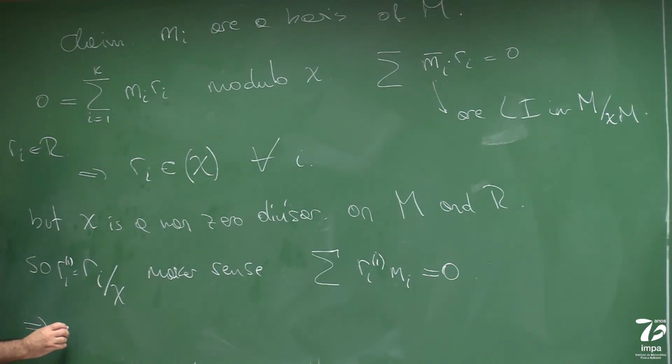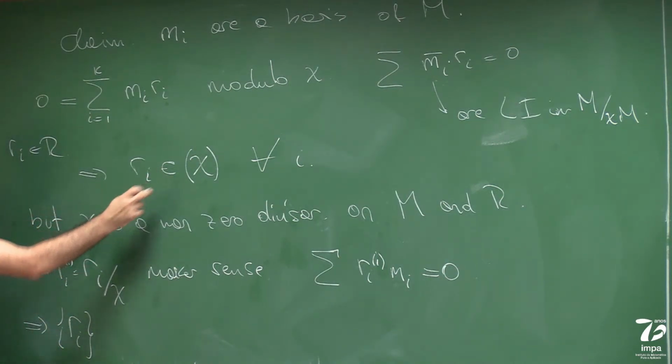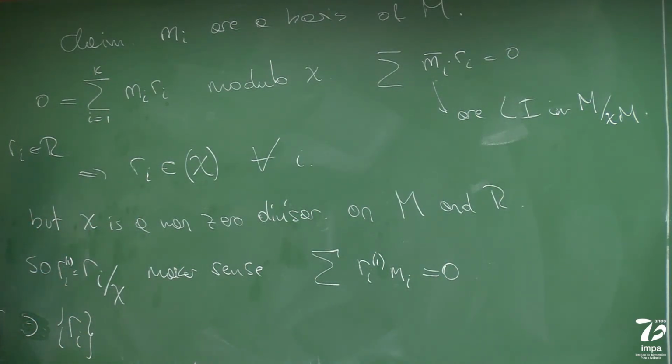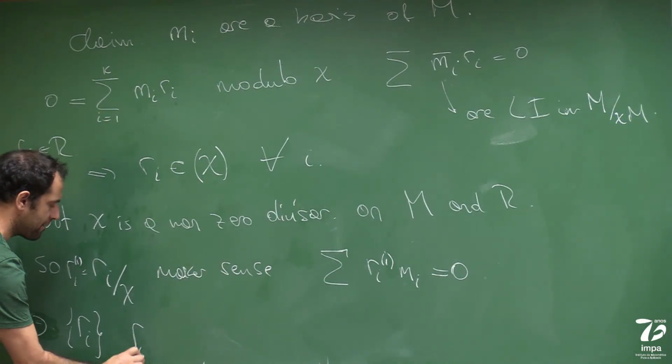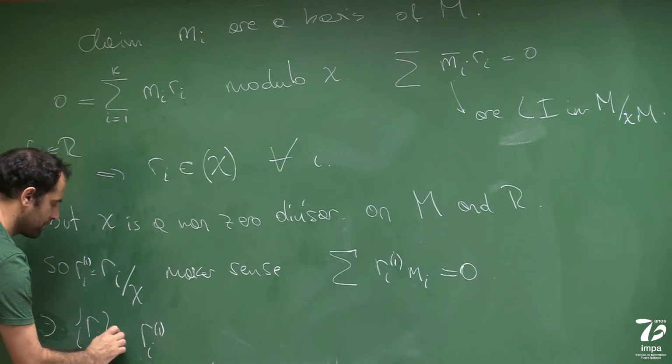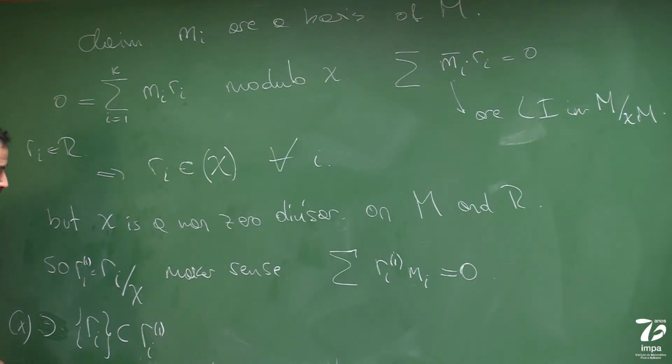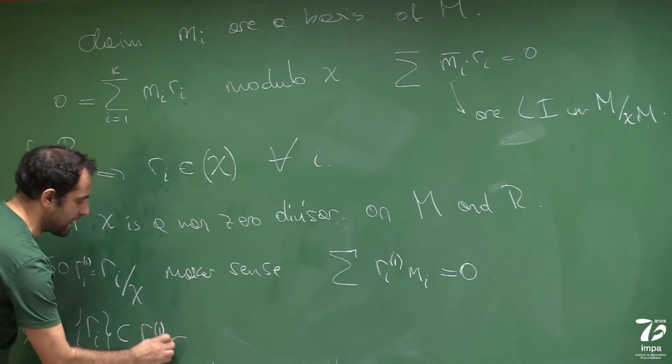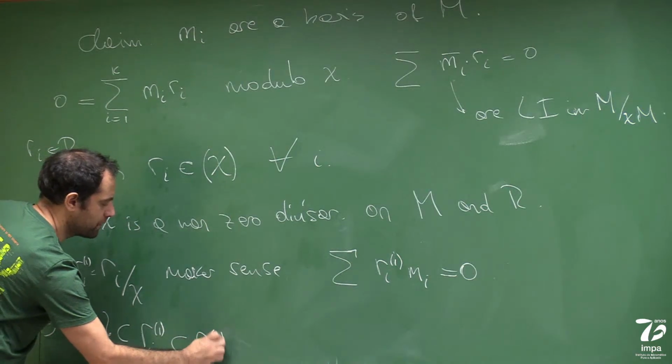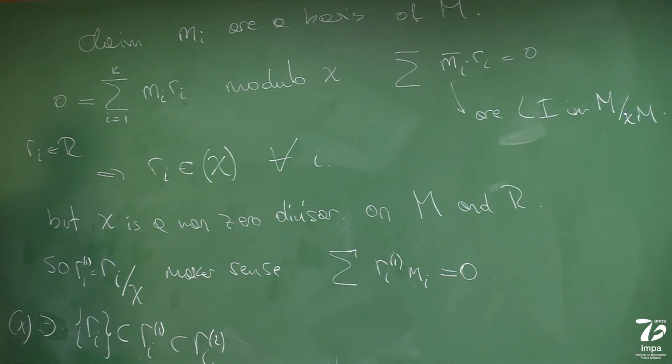So you get a sequence of ideals. You have the ideal generated by all these Ri's, which is included in this guy. But then you also have this ideal generated by the Ri's once, which is larger. And this guy is included in this Ri2, which is larger.